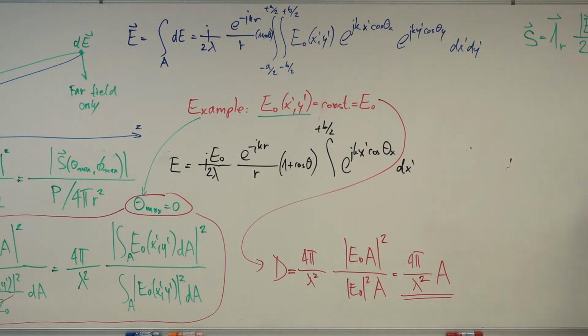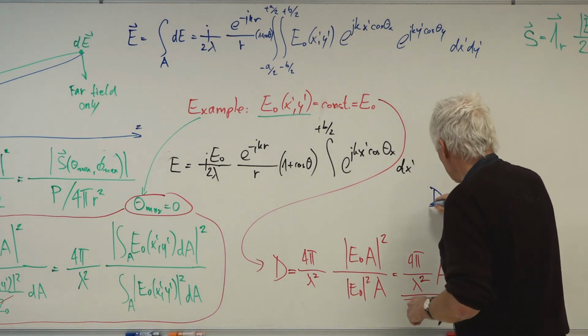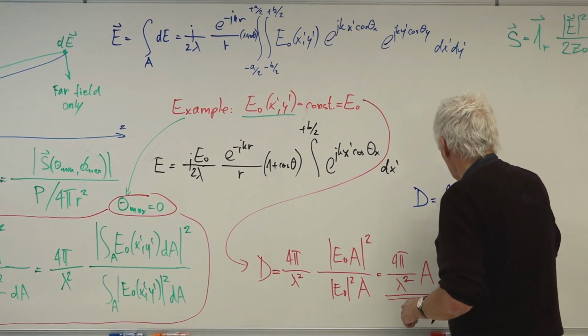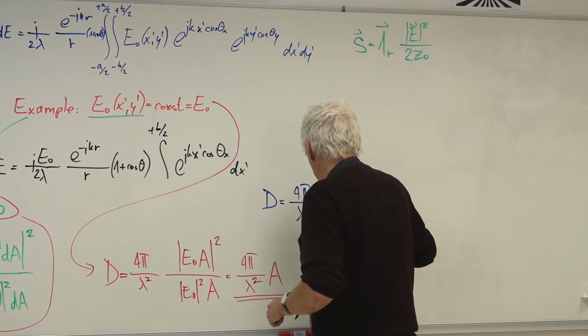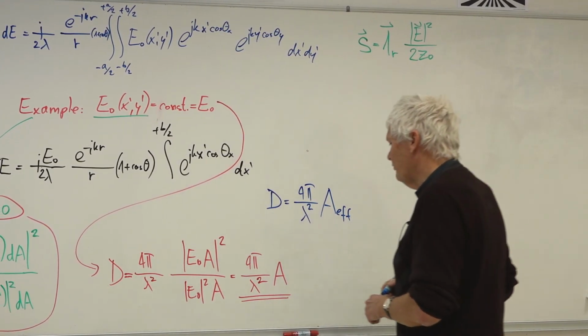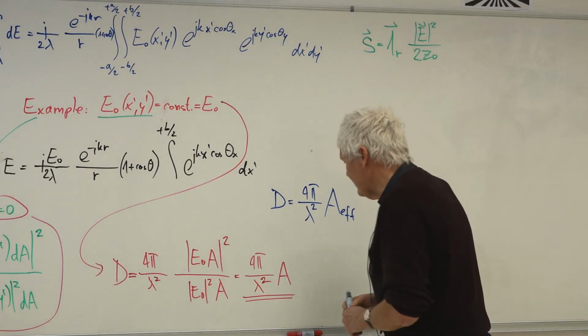And in the general case, we simply rewrite this equation and we say that directivity is 4 pi over lambda squared times the effective area of our antenna. What is the effective area of our antenna? We can derive it out of here.